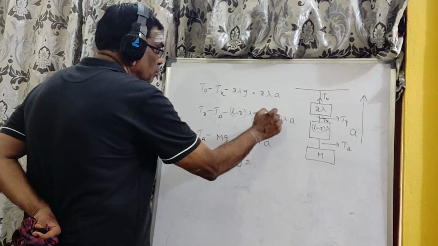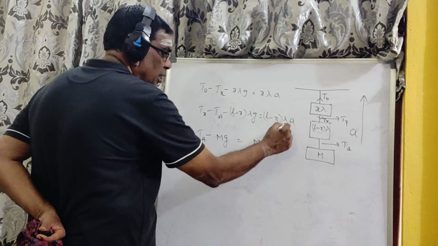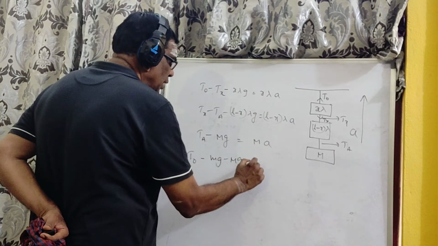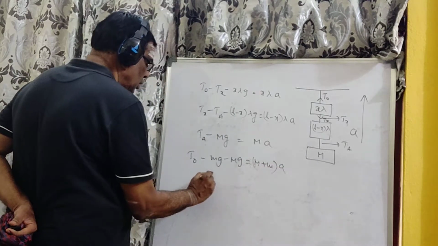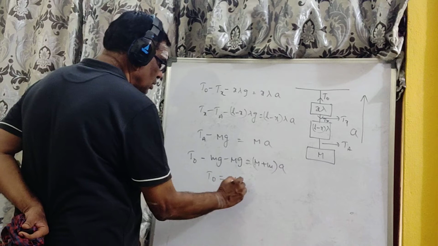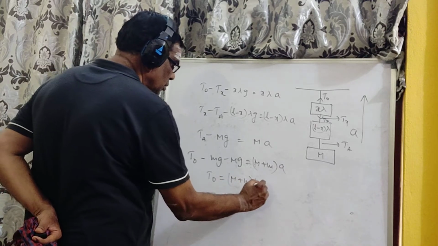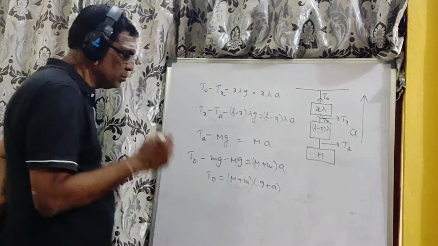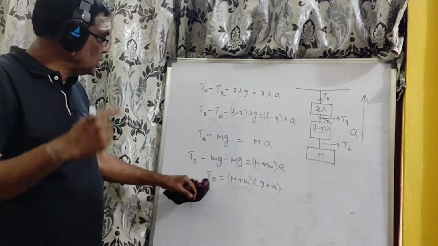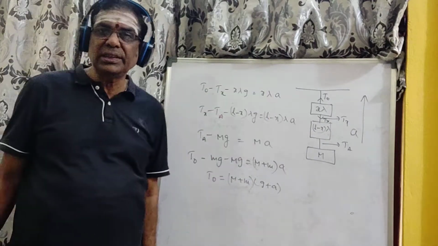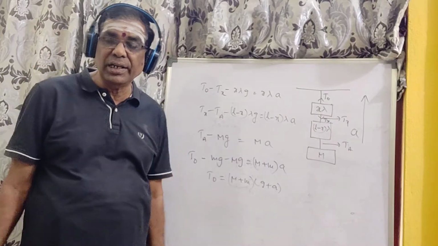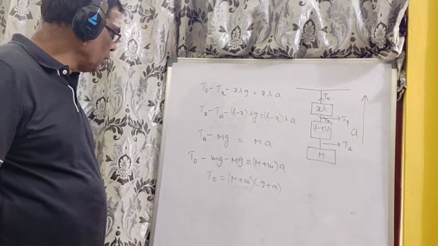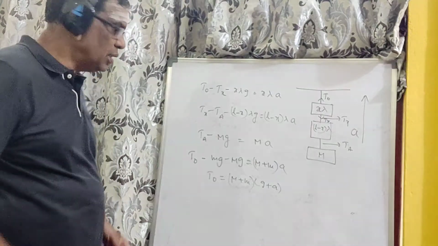This is put together L lambda, that is ma, plus capital M. So T naught is equal to M plus m into g plus a. Once you know this, find out what is Tx and what is Ta. Both you can find out and get the answer. You got the point? Right.